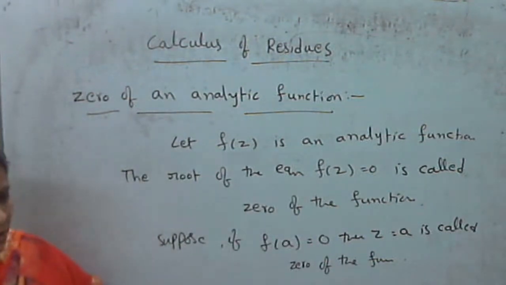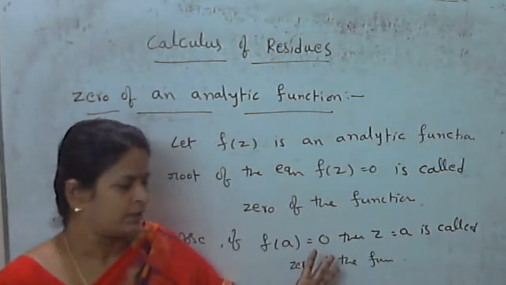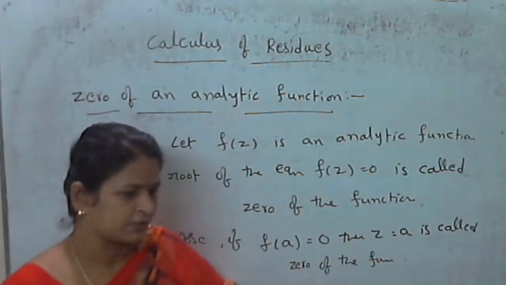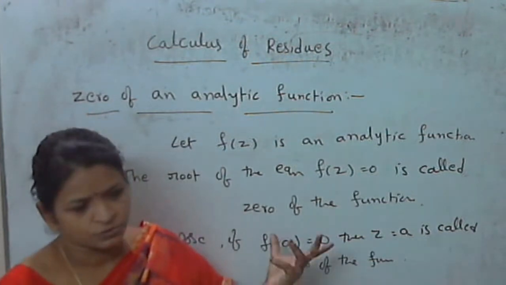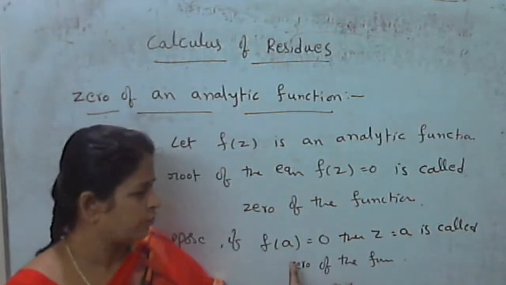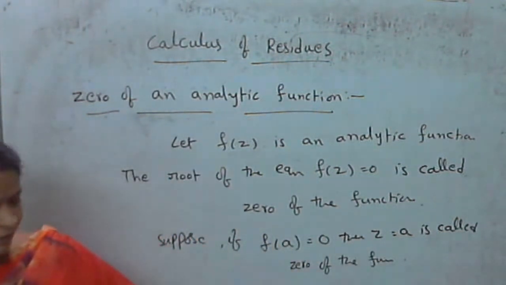So, zero means a complex number which satisfies the given equation. Zero means solution of the function, root of the function or zero of the function. That is called zero of the function.